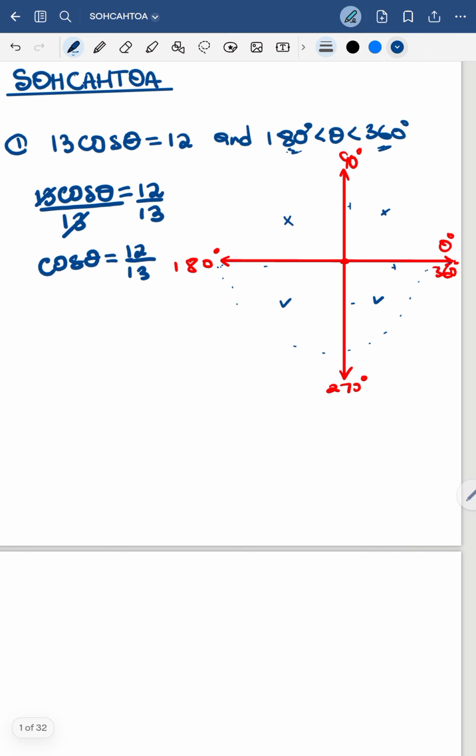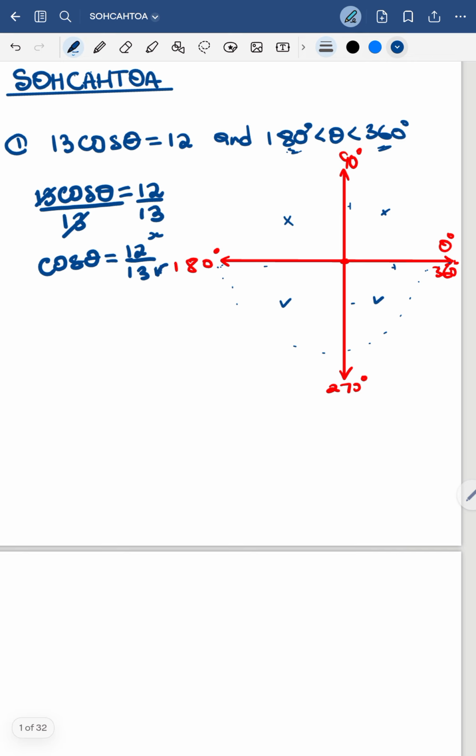Now, what does this mean? If you check the second three letters on SOHCAHTOA, cosine is equal to adjacent over hypotenuse. That means this one is the adjacent side and this is the hypotenuse side.